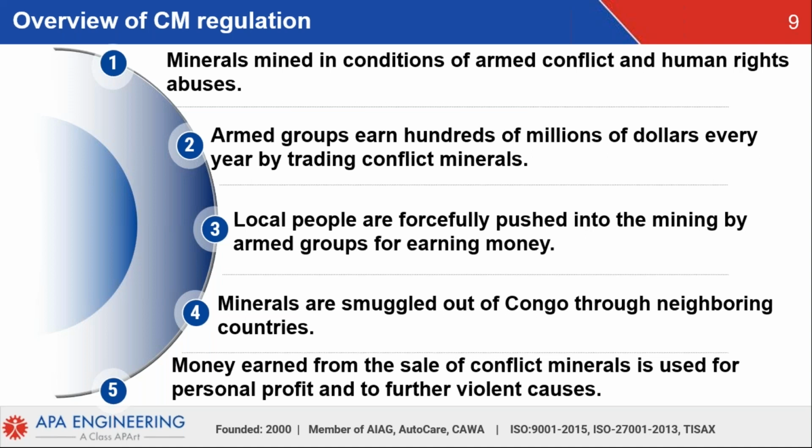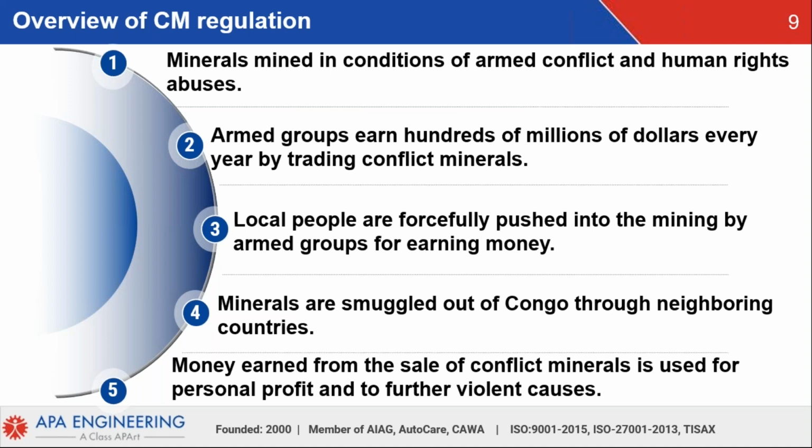Some armed groups earn hundreds of millions of dollars every year by trading the conflict minerals. Some local people are forcefully pushed into the mining by armed groups to earn money. Some minerals are smuggled out of Congo or DRC region through the neighboring countries. The money earned from the sale of conflict minerals is used for personal profit and further violent causes.